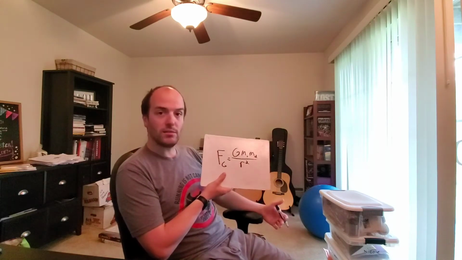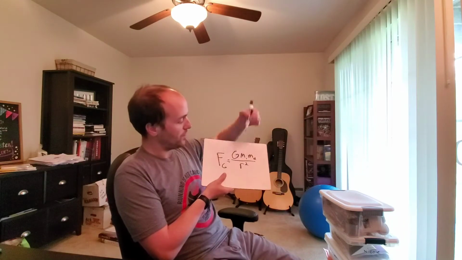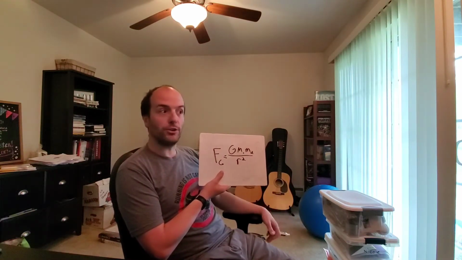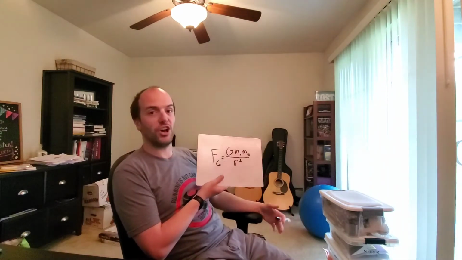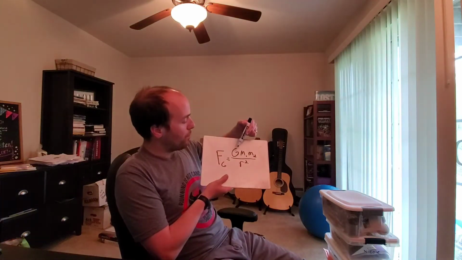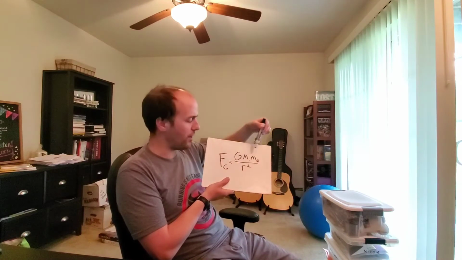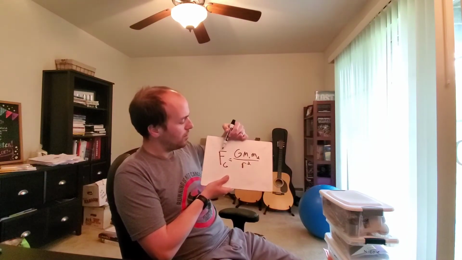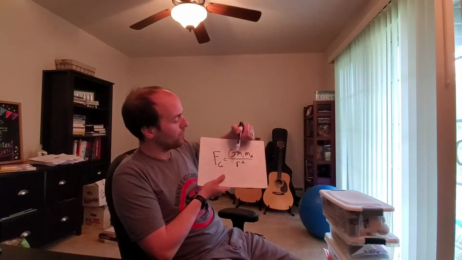It still can be used in that way, but this equation is generally more for objects that are far away from each other, like from the Earth to the moon or the Earth to the sun. We'll see in another video how we can apply this to other scenarios, but for now we're just going to stick with this. Okay, F sub g, your force, your masses, cool.